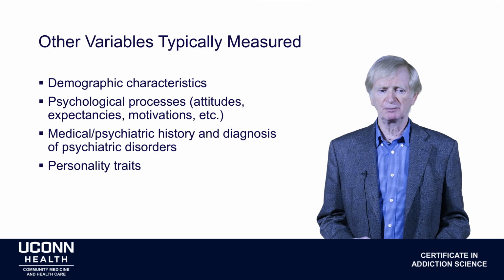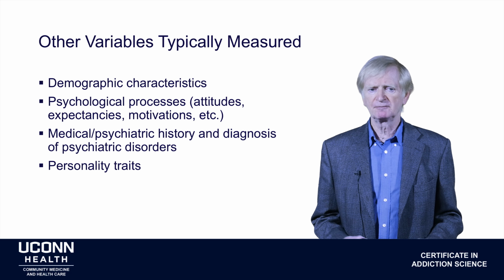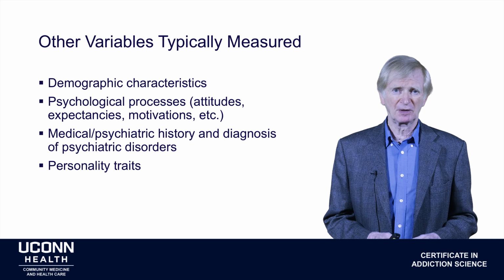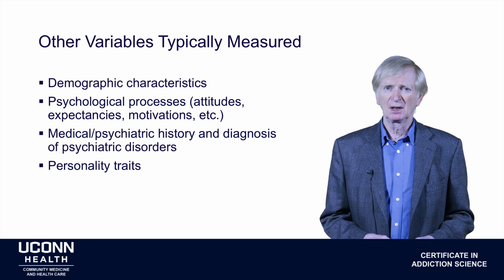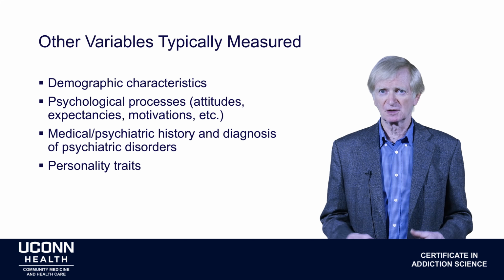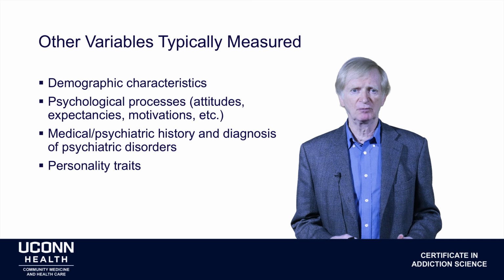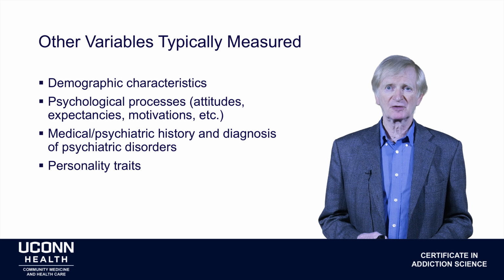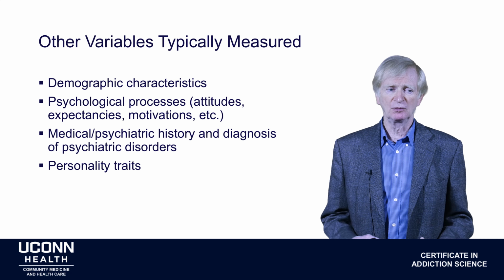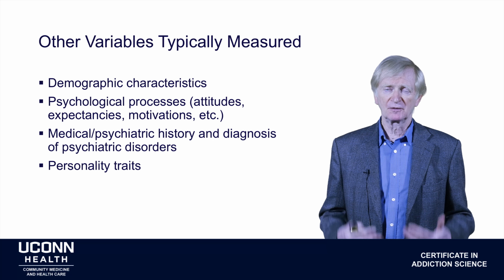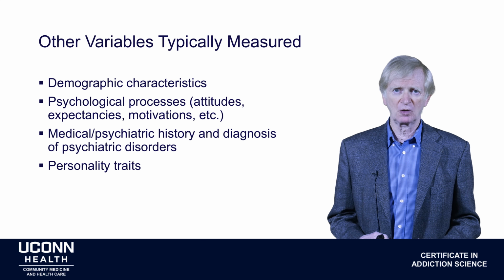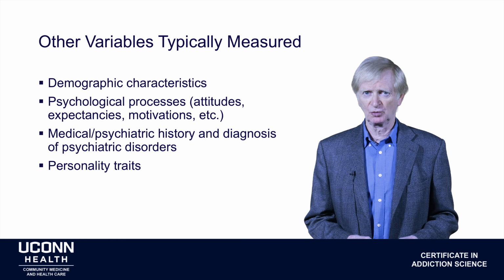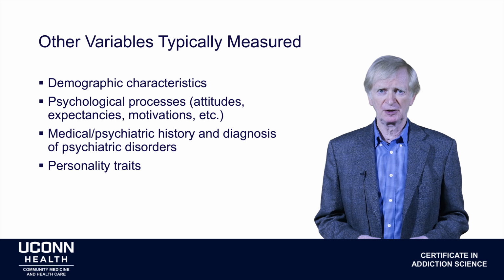All of these things are important because we know that the severity and the type of substance use differs according to these variables. Psychological processes, attitudes, expectancies, and motivations. Medical and psychiatric history, and we'll be talking about the types of psychiatric disorders that often interact as comorbidities with substance use disorders. And finally, personality traits.